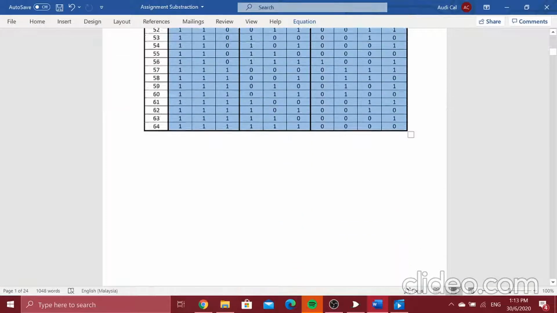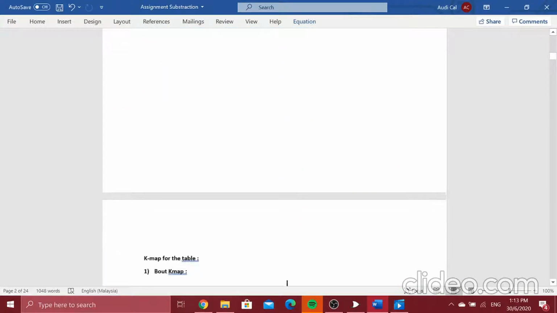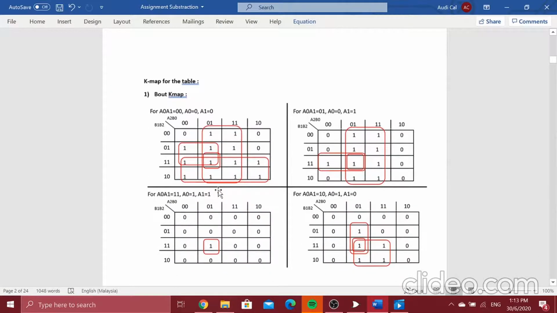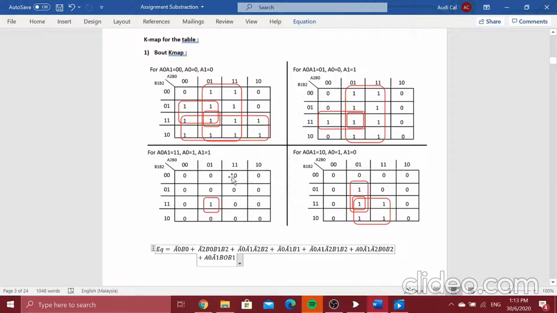So after I completed my truth table, I continued with my KMap. This is my B out KMap. Since we have 6 variables, we need to do the 4 variable KMap. And for your information, all these 4 KMaps are actually stacking each other.